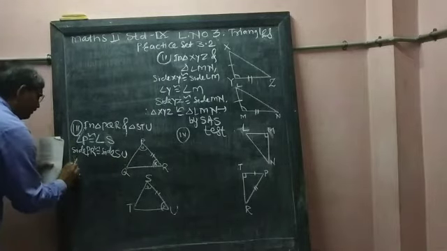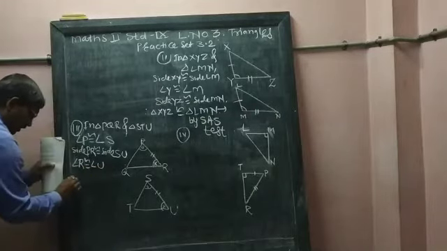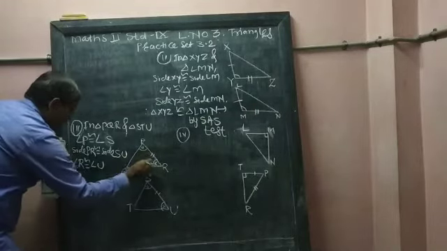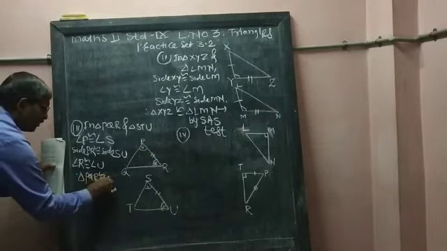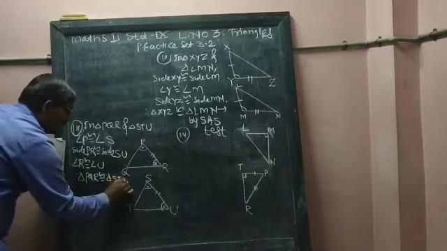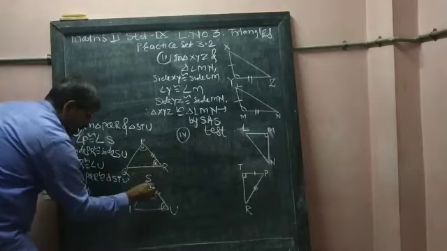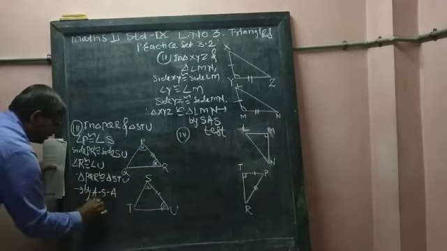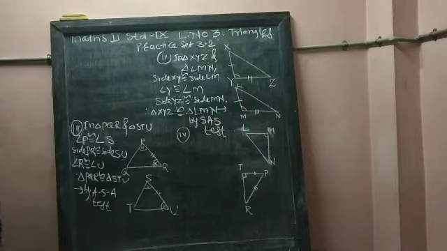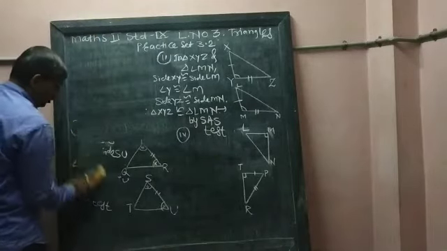Angle R is congruent to angle U, given. Therefore, angle side angle, triangle PQR is congruent to triangle STU. By which test? These are congruent by angle side angle, by the ASA test. Understand? If you understand, then this last question is a simple one. We will solve that also.